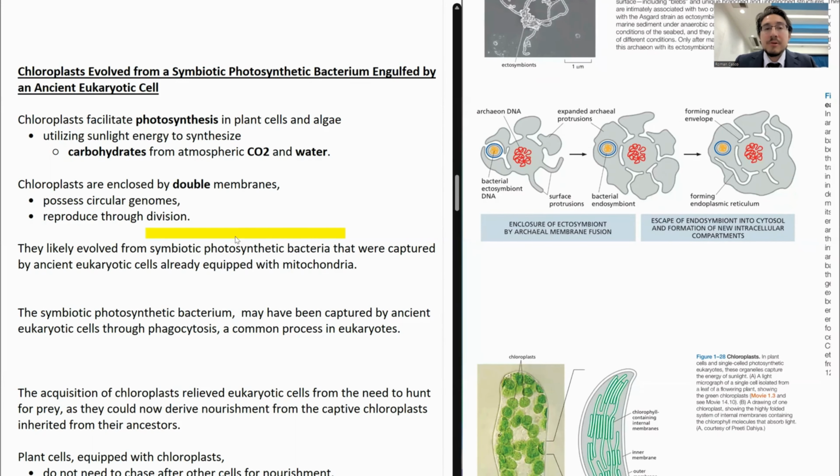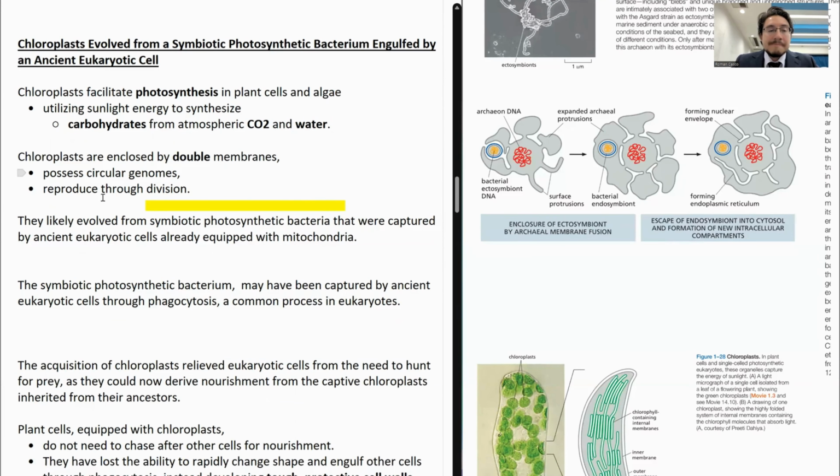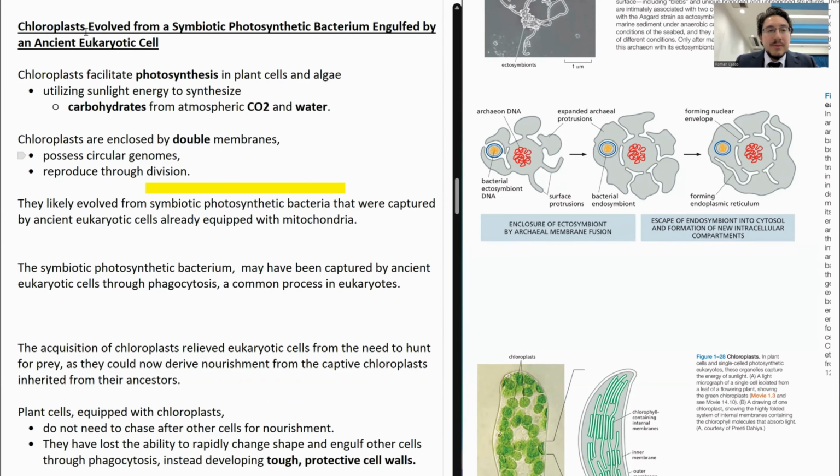In terms of chloroplasts, initially you had mitochondria first. Chloroplasts evolved from symbiotic photosynthetic bacteria engulfed by an ancient prokaryotic cell. As we know, photosynthesis occurs in chloroplasts in plants and algae, and they use sunlight energy to synthesize carbohydrates.